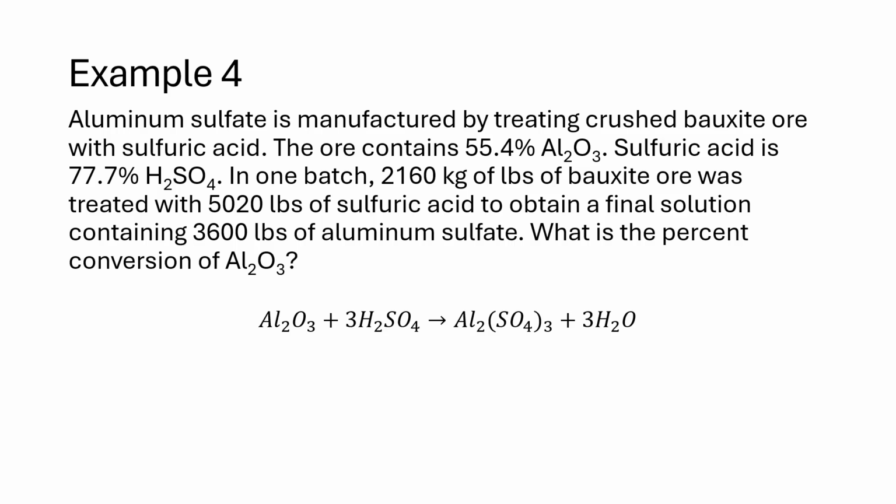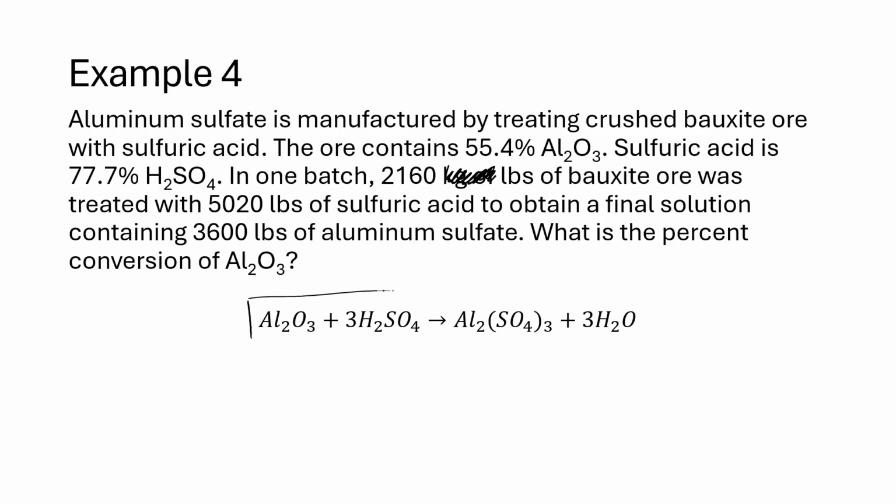In one batch, 2,160 pounds of bauxite ore was treated with 5,020 pounds of sulfuric acid to obtain a final solution containing 3,600 pounds of aluminum sulfate. What is the percent conversion of aluminum oxide?